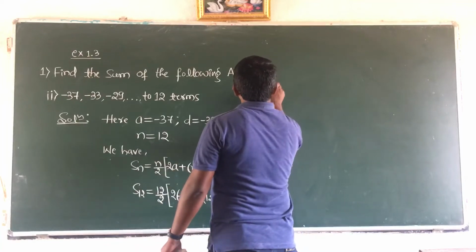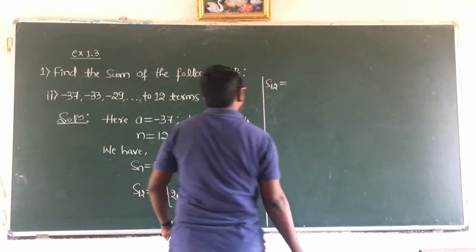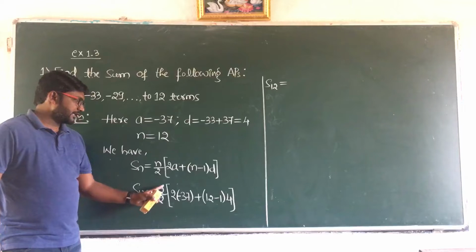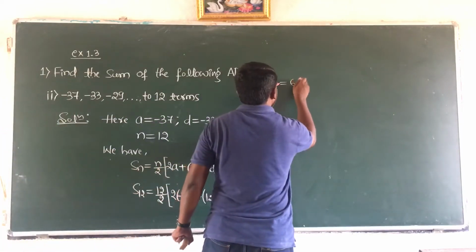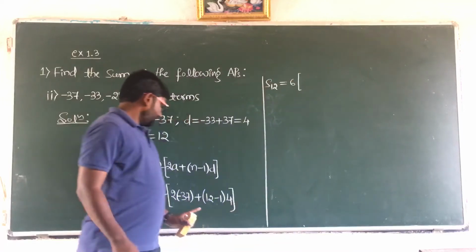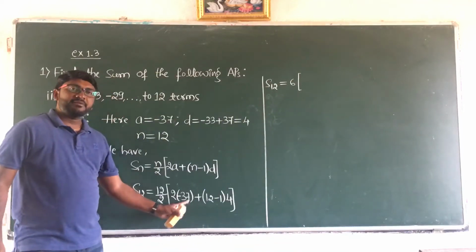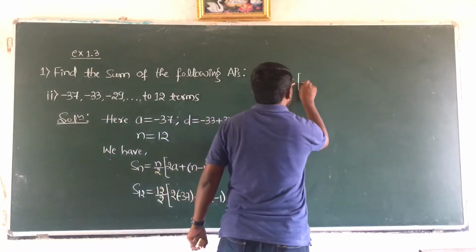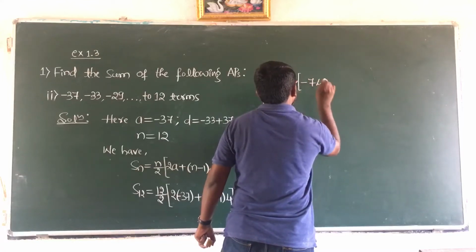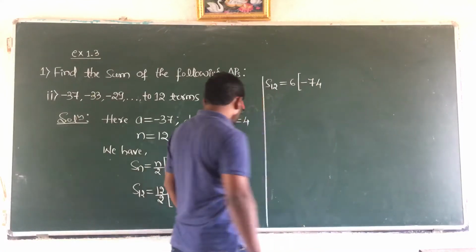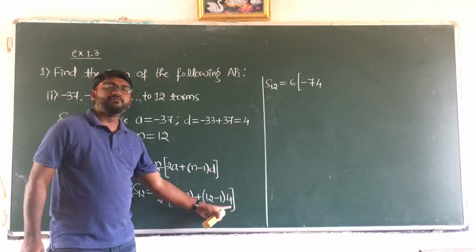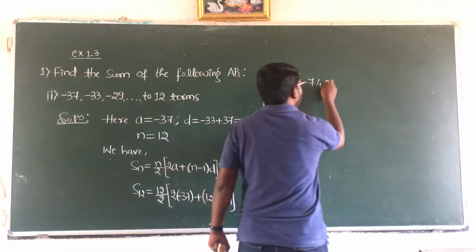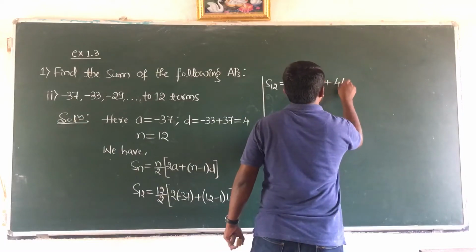S_12 is equal to 12 by 2, which gives us 6, so 6 inside the bracket. 2 into minus 37 gives us minus 74. Then 12 minus 1 is 11, and 11 into 4 is 44.